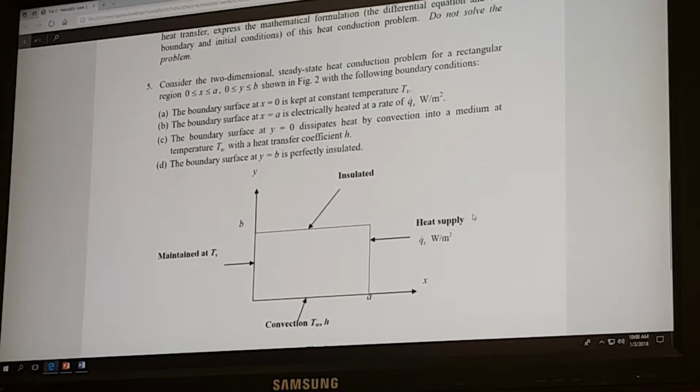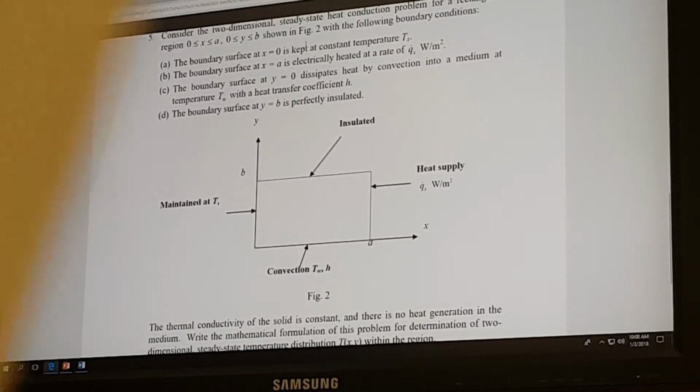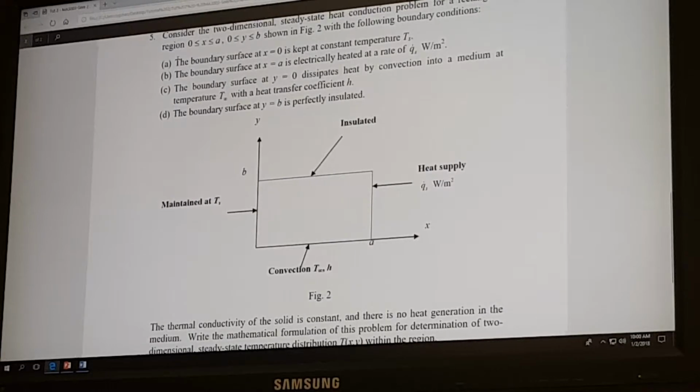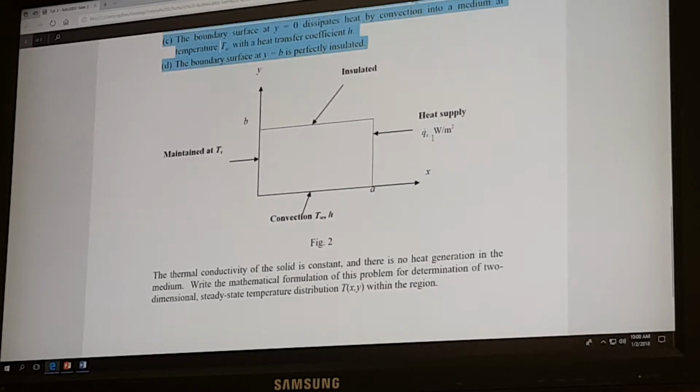Okay, now we go to question 5. Again, question 5 is two-dimensional. The rectangular shape, so we're using Cartesian coordinates. The dimensions are given, x from 0 to a, then y from 0 to b, right? We have four boundaries, and they give you the four boundary conditions.